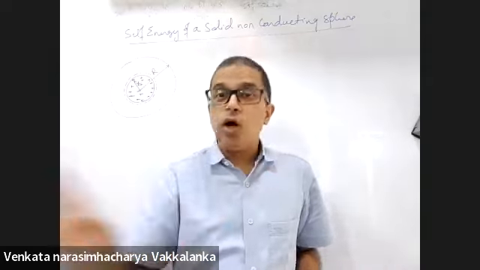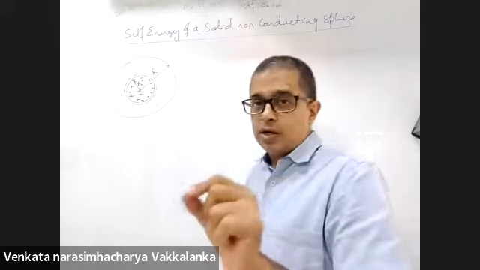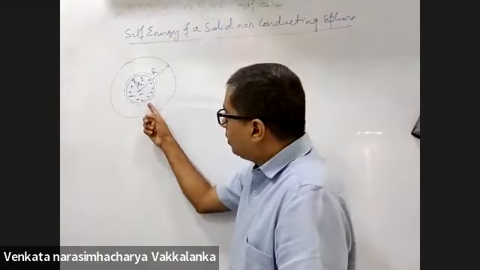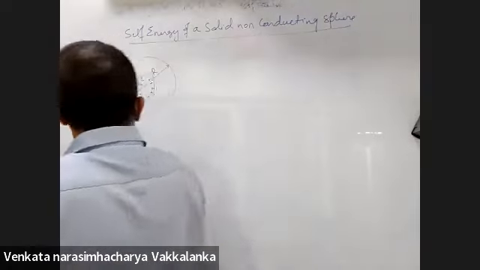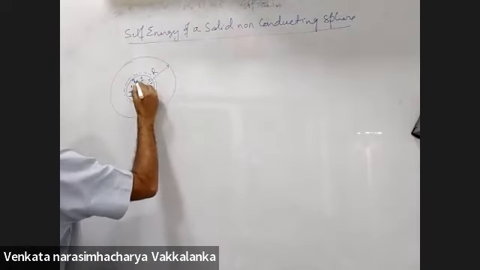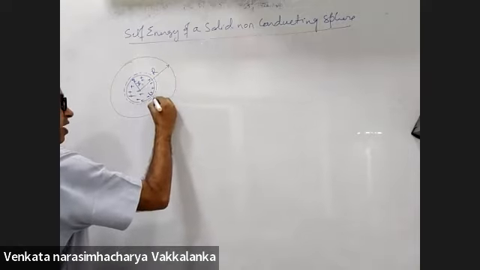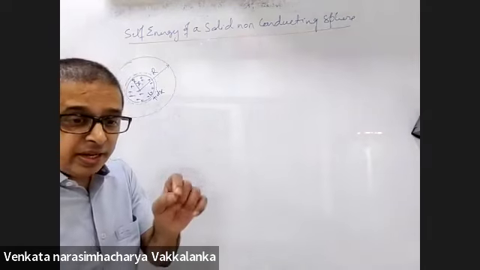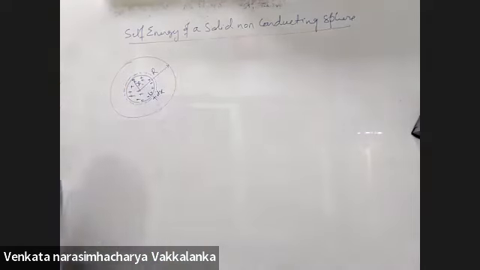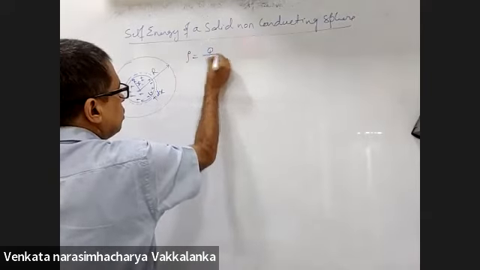Here, dq cannot be an arbitrary small amount. dq should be that quantity of charge which will increase the radius from x to x plus dx, maintaining the same density.